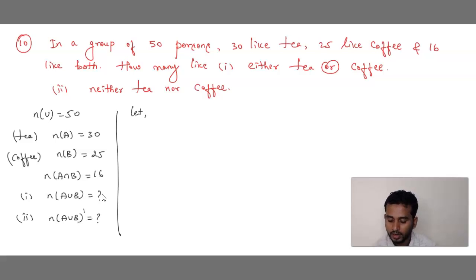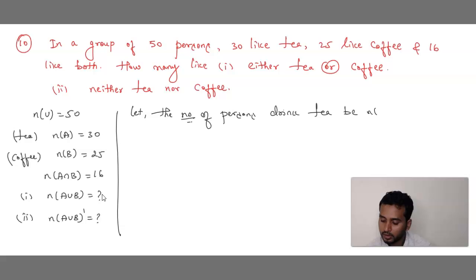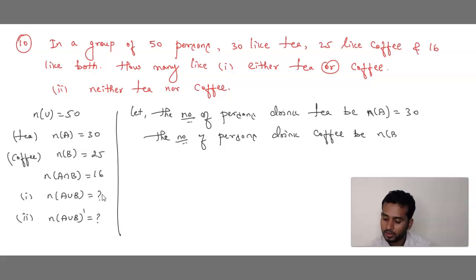Correct? So let the number of persons who drink tea be n of A, and the number of persons who drink coffee be n of B. Now option 1, what should we find? n of A union B. If you want to find n of A union B, what should we do?